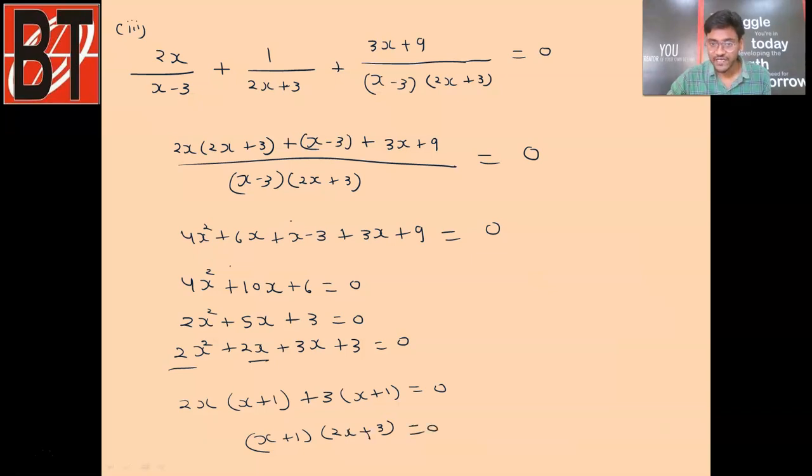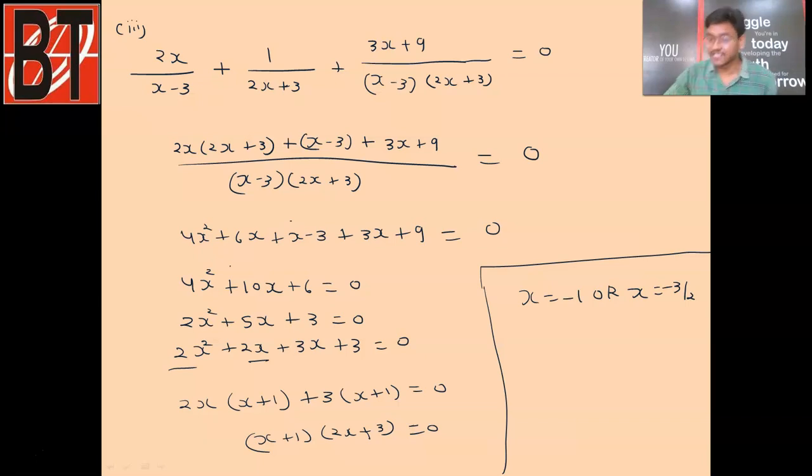Now factorization is done by middle term splitting. Now the required answers are x is equal to minus 1 or x is equal to minus 3 by 2. But students, listen carefully.